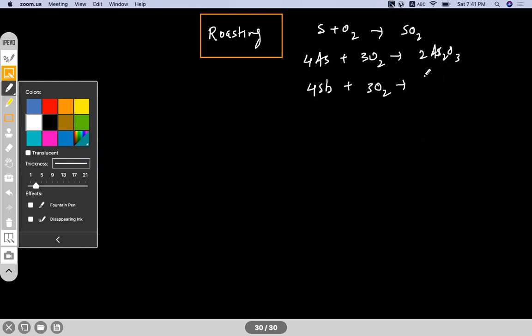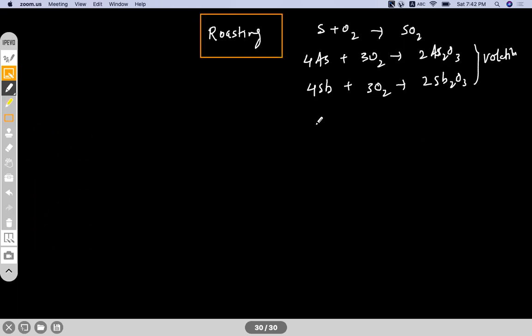This also forms 2Sb2O3. All these are volatile oxides, right? So all these escape into the atmosphere. So we'll choose the steps, the process based on the impurities present, so that we can have the maximum advantage of a given process. Since all these are forming volatile oxides, can escape into the atmosphere, we'll use this roasting.